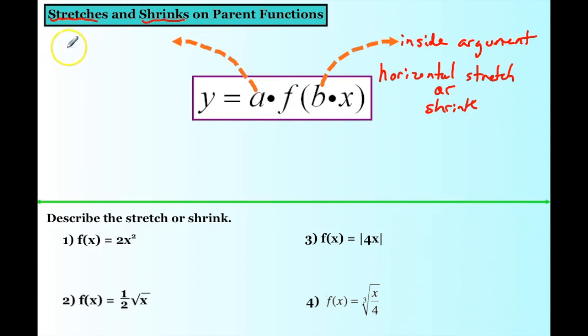Outside the argument, like this a value, will cause a vertical stretch or shrink.